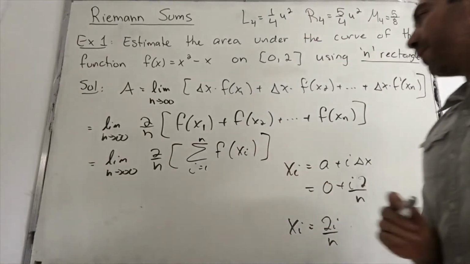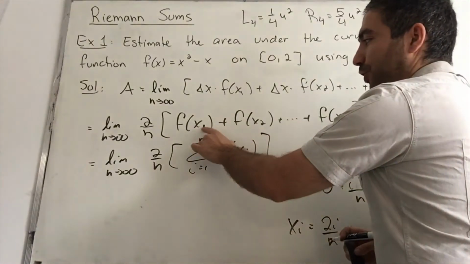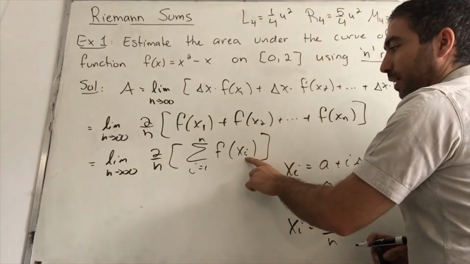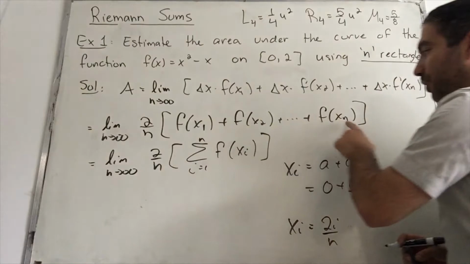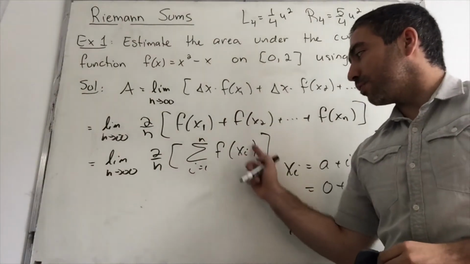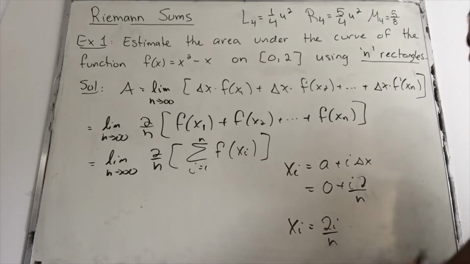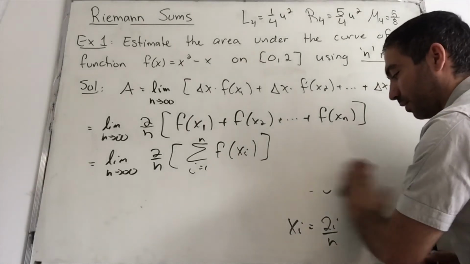Because we're adding them all up, and the only thing that's changing is the subscript, so we call that index i. We're starting at 1 and finishing at n. So we could rewrite it in this notation. The reason I'm writing it this way is to replace the xi with what it's equal to. xi is equal to 2i over n. So let's go ahead and do that.